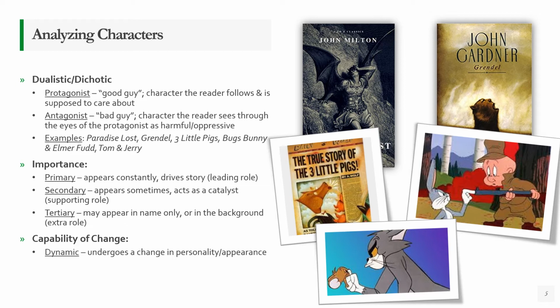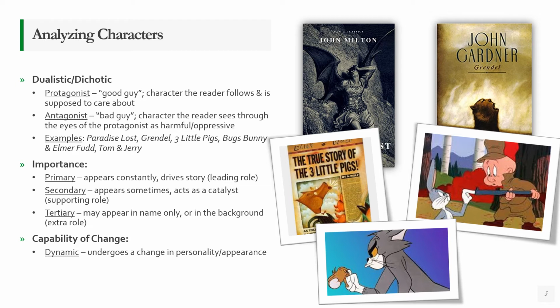They hit the trifecta, so to speak. A dynamic character is someone who undergoes change over the course of a story. If you look at the Star Wars films, Luke Skywalker completely changes over the course of all three films. He grows up, he becomes a much more serious character, much more powerful character.